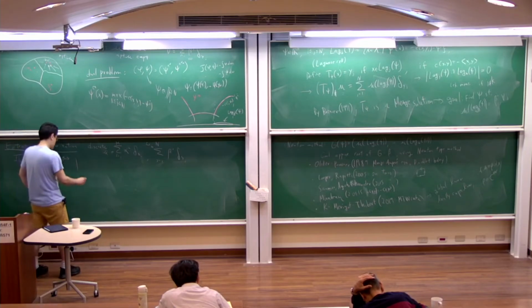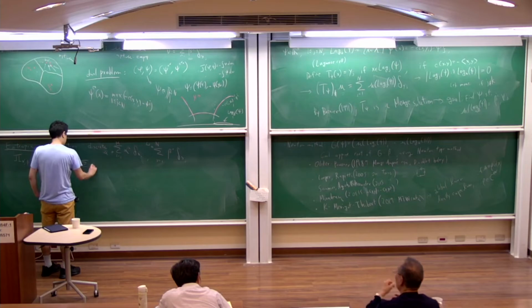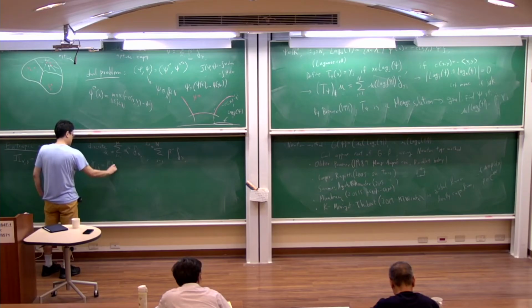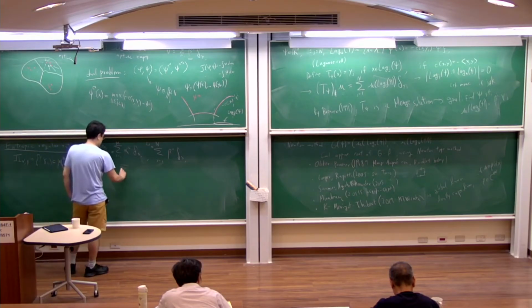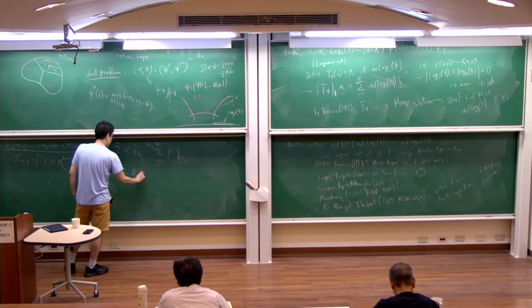Right, so if you sum the rows, you should get beta j, and if you sum columns, you should get alpha i.